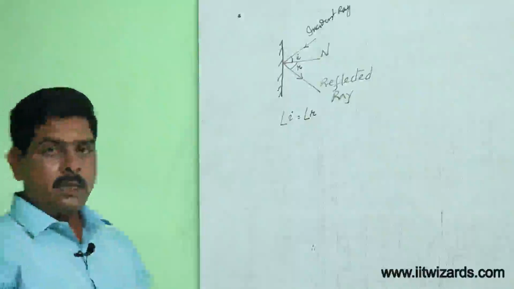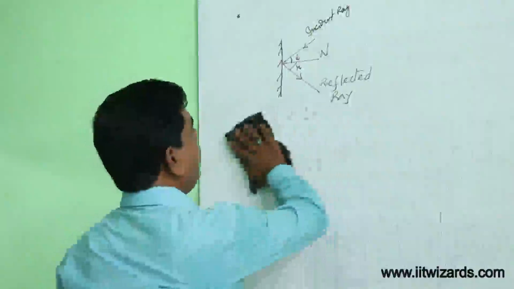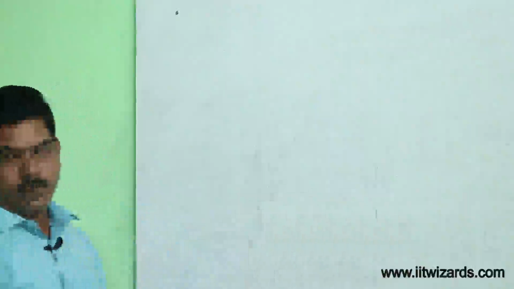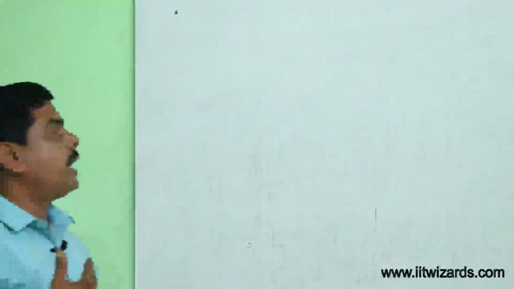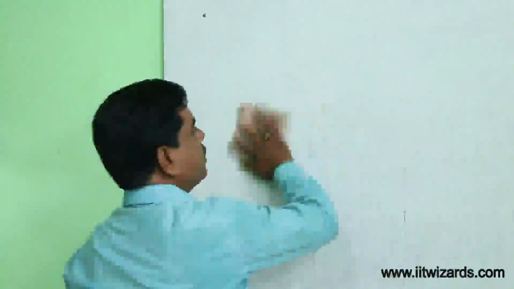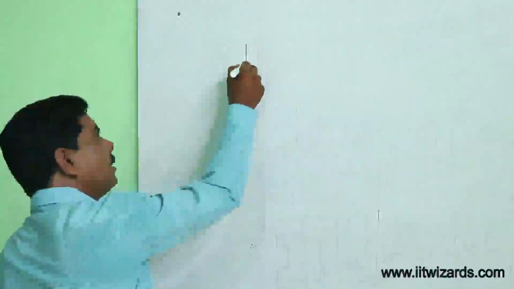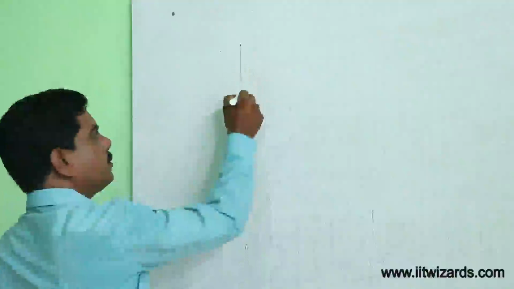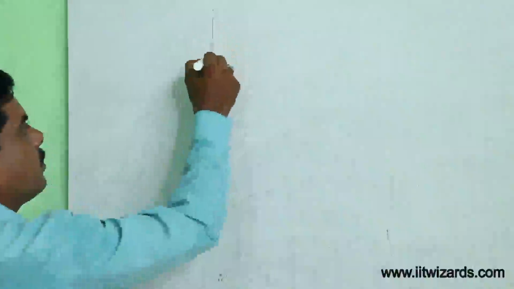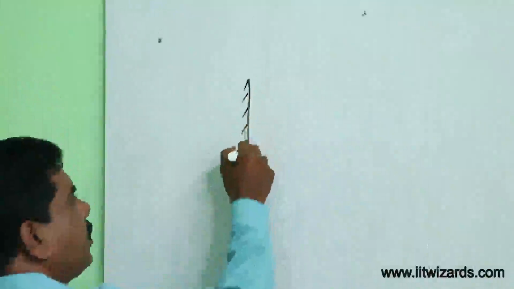Now, using these two basic laws, we will see how different reflections take place, or how we identify a particular image in case of plane mirrors. To begin with, let us say this is a plane mirror, and we have an object placed in front of it.